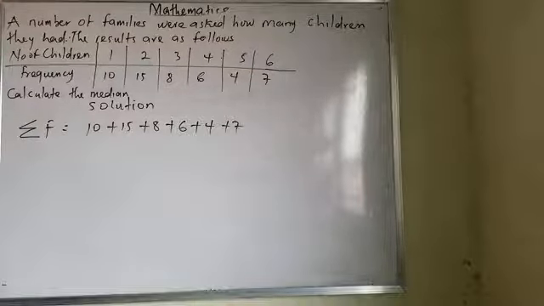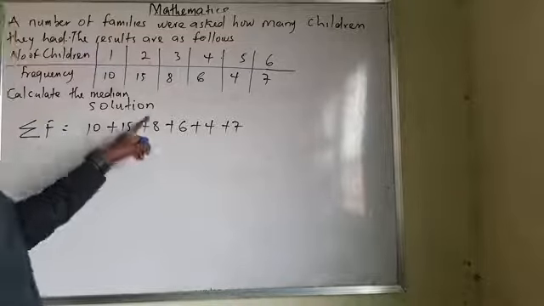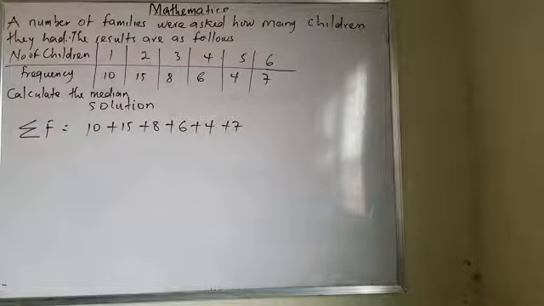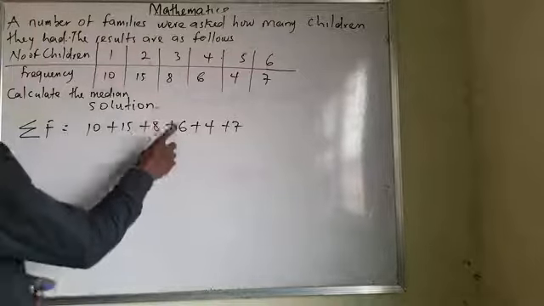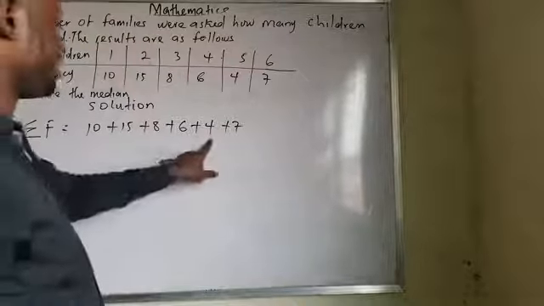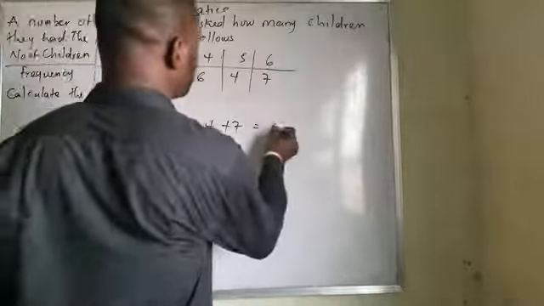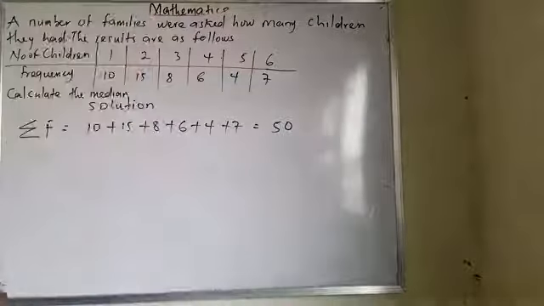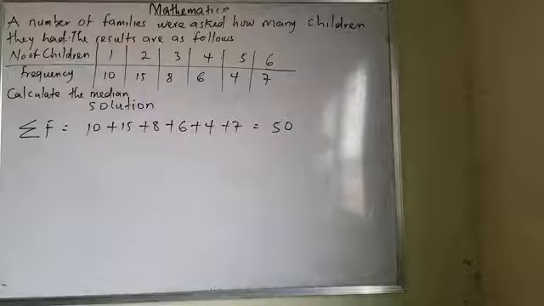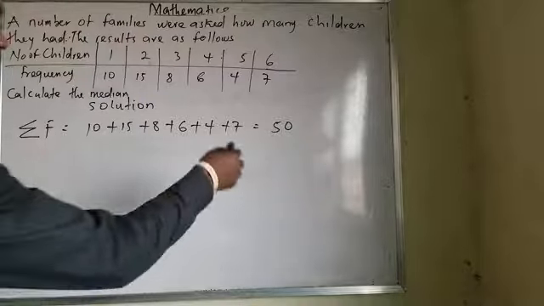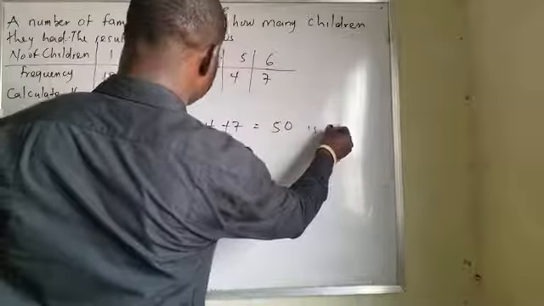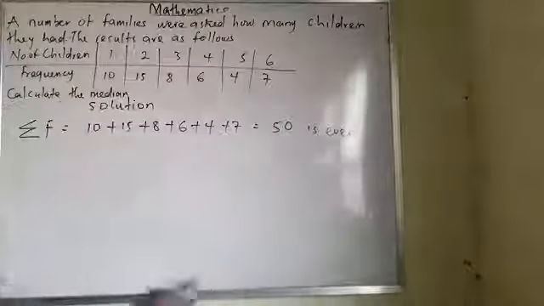When I add, this is going to be 25, this is going to be 33, that is going to be 39, 43, and 50. It should be 50. That is very good. Now, 50 is even. It's not odd.